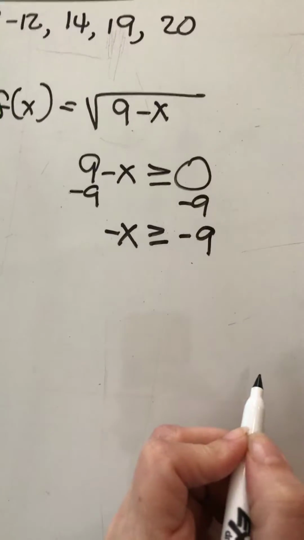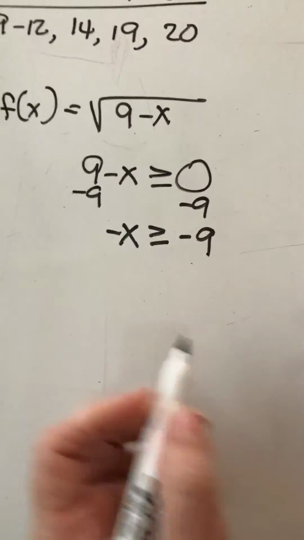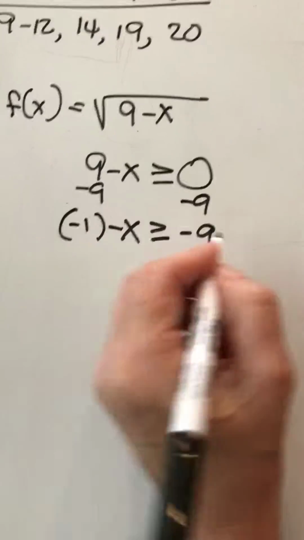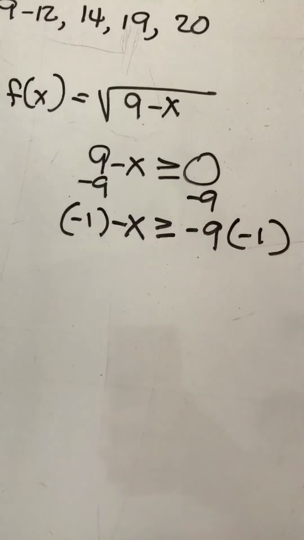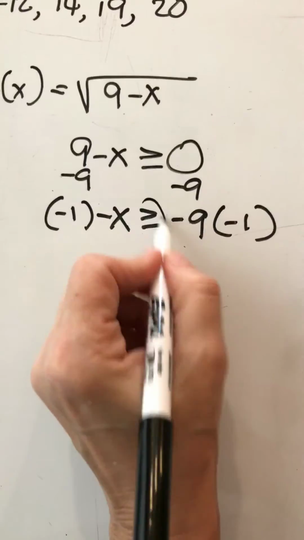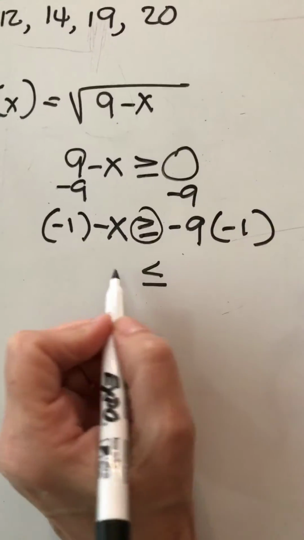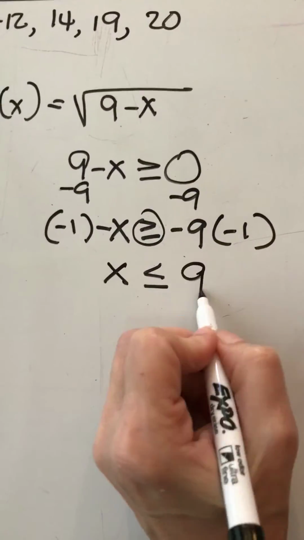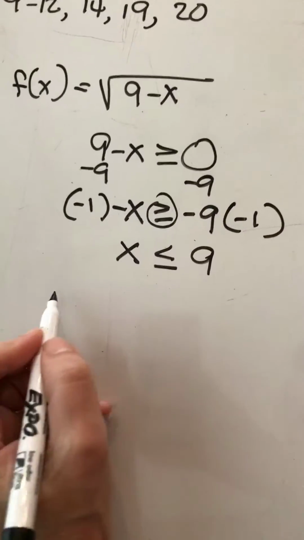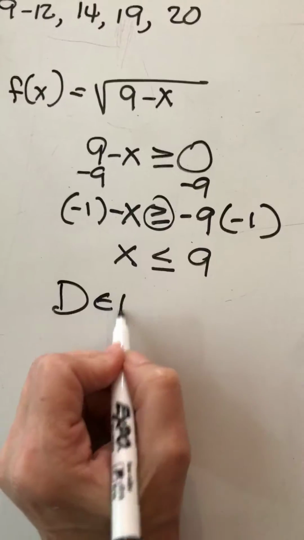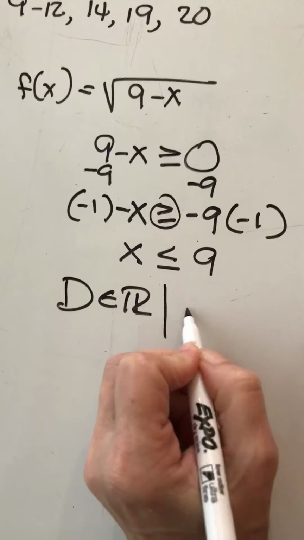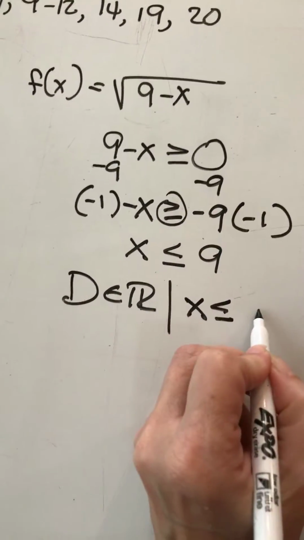I don't want to know what the opposite of x is. I want to know what x is. So I multiply both sides by negative 1. When I multiply by negative 1, the direction of the sign changes. Remember, I don't lose that equal to, so I have x is less than or equal to 9. So the domain is all reals such that x is less than or equal to 9.